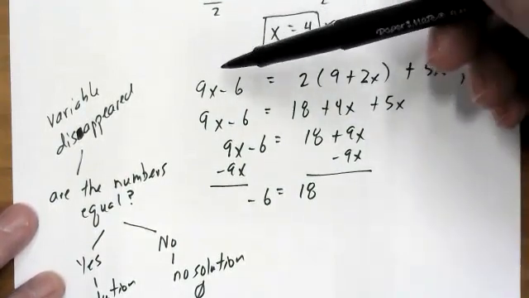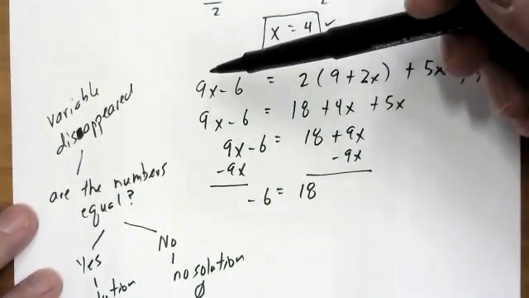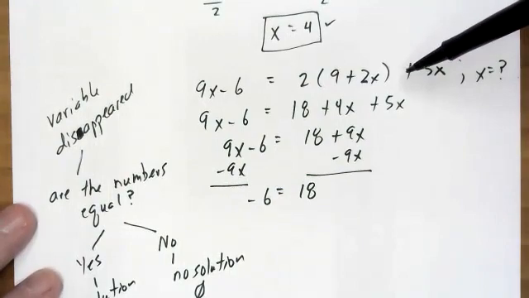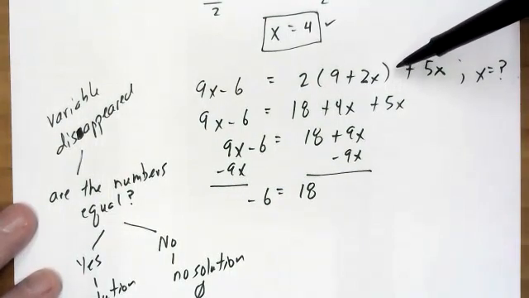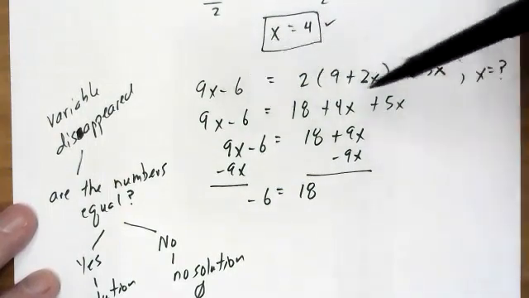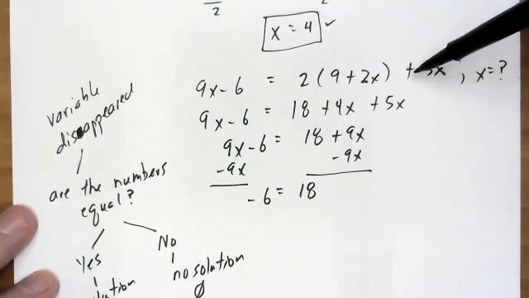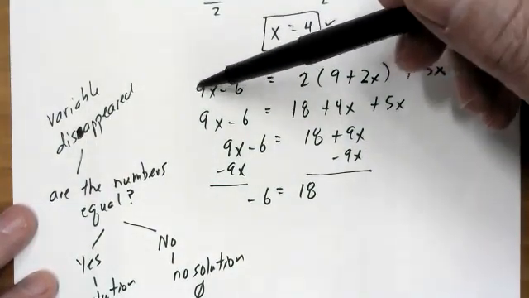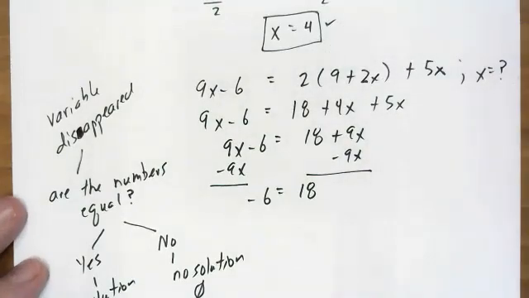No. How about 0 for x? No. How about -5 for x? No. I mean, you can keep trying to plug in numbers for x for the rest of the day. Nothing is going to work. It turns out there is no solution for this equation. There's no number that I can plug in for x that's going to make this equation true.